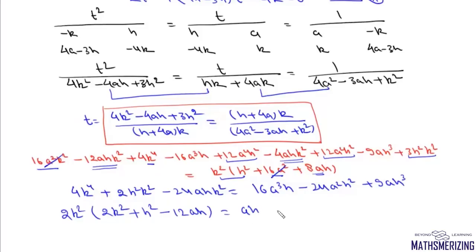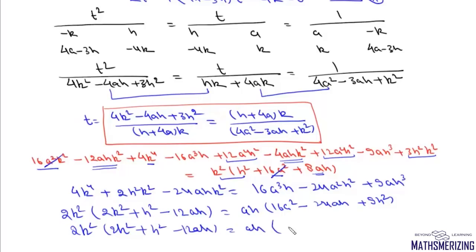So we'll take ah common, we'll get 16a square minus 24ah plus 9h square. So this is 2k square plus h square minus 12ah, and this is ah, and it will be 3h minus 4a whole square.